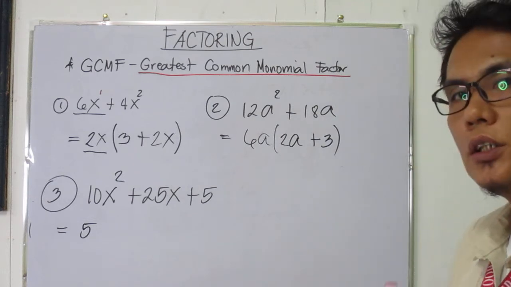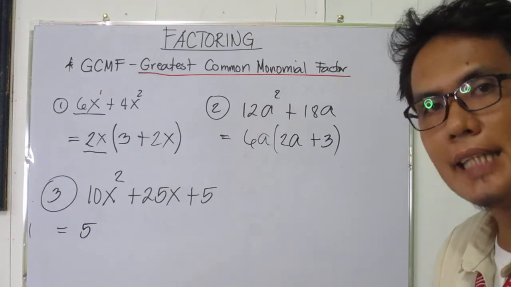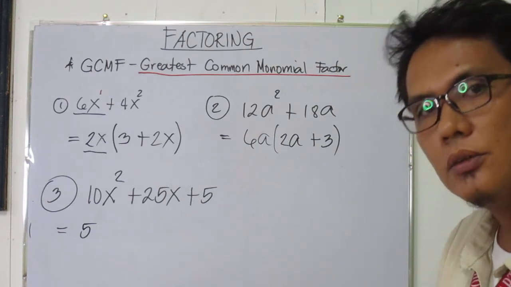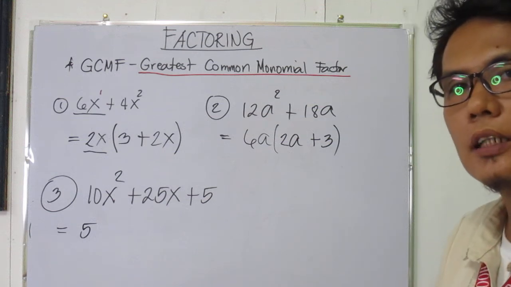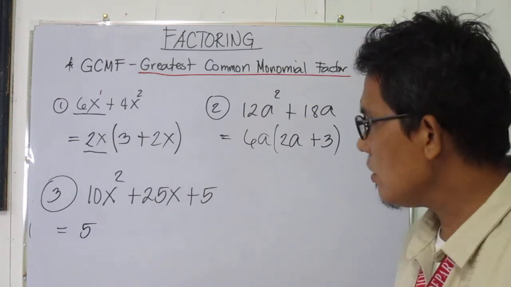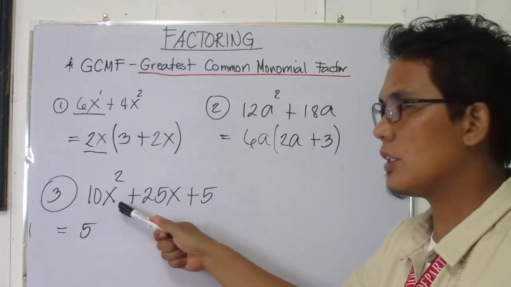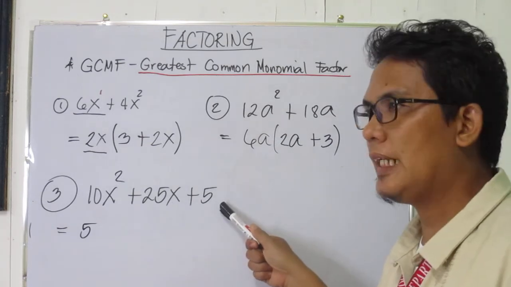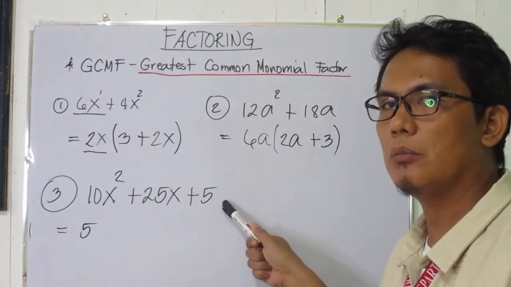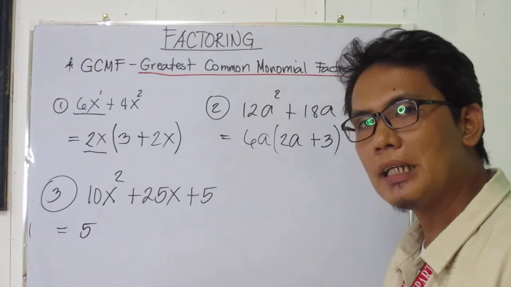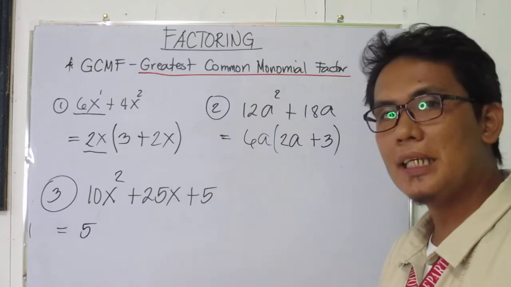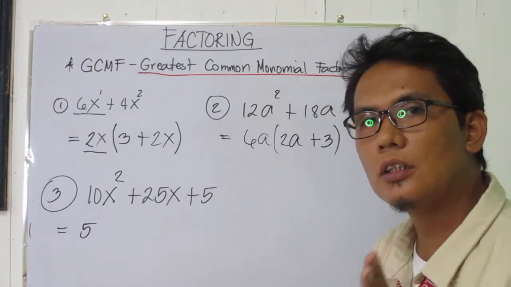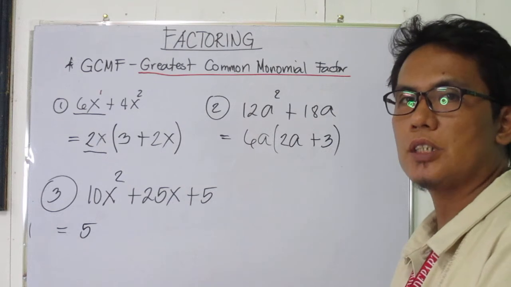So therefore, the variable x is not a common monomial factor of the terms. Though our first term has an x and our second term has an x, the third term does not have a variable x. Therefore, we can consider that x is not common in all of the terms of our polynomial.